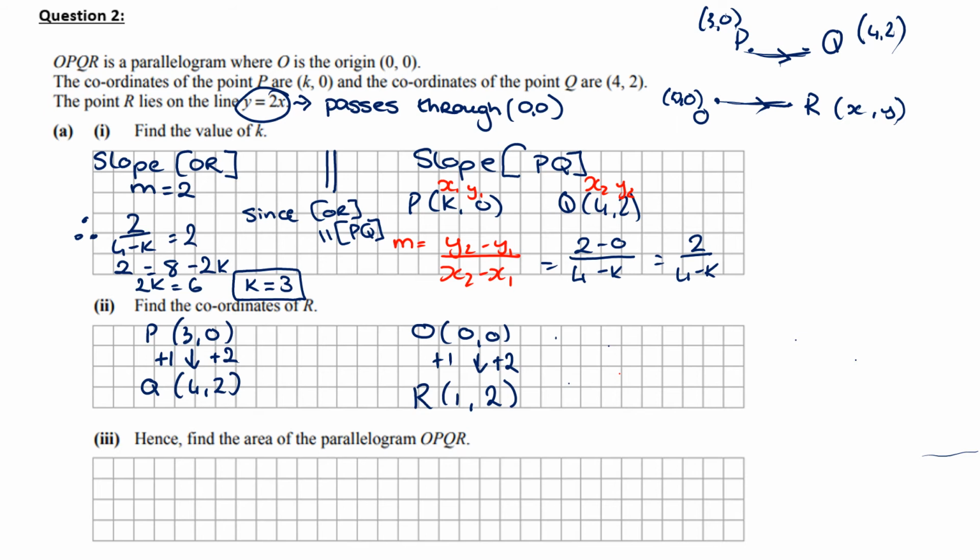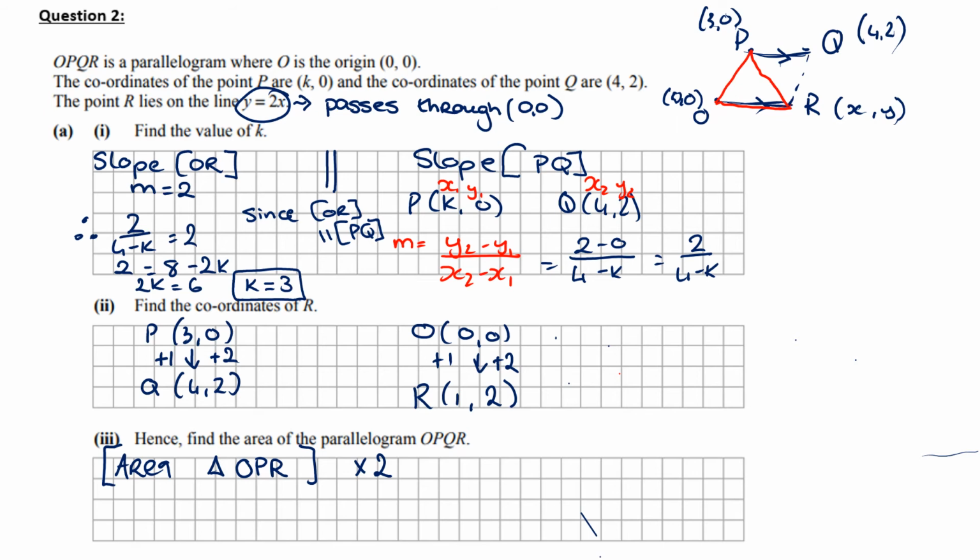And that's useful for us because if I have my parallelogram like this, I have a triangle where one of my points is 0, 0. So if I work out the area of the triangle OPR, I can then multiply it by 2, because this triangle over this side will be the same.